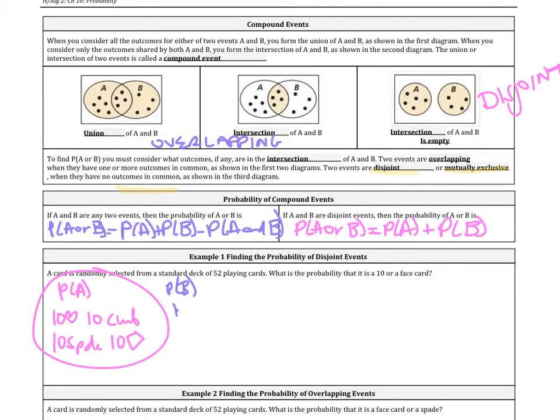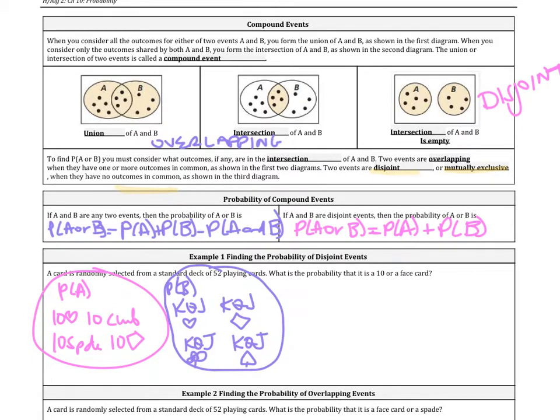So we have king, queen, jack of hearts, king, queen, jack of diamonds, king, queen, jack of clubs, and then king, queen, jack of spades. So that's the probability of B. There's no intersection here.